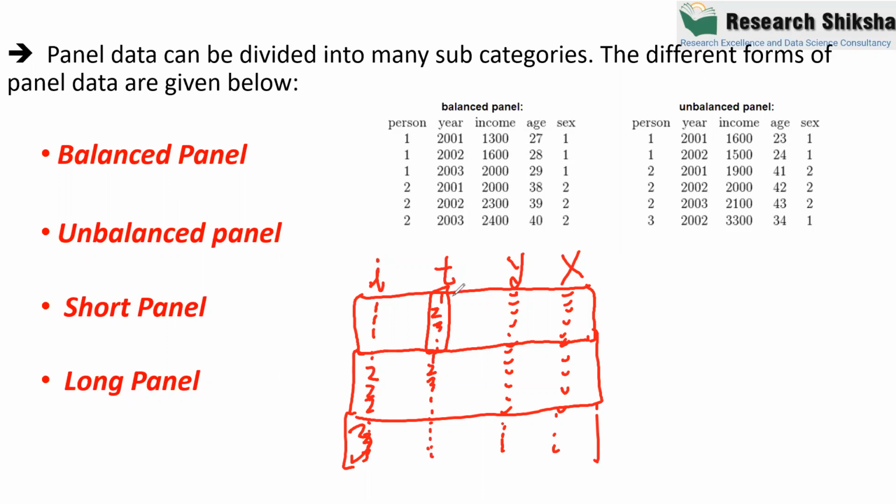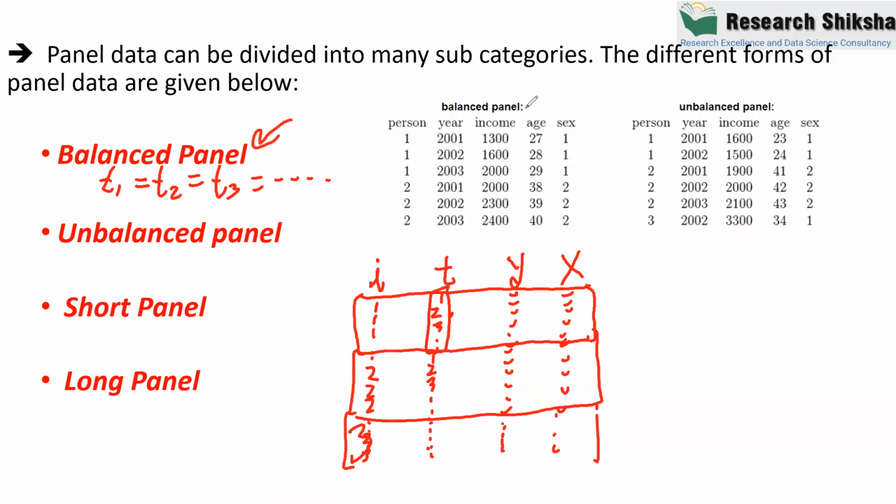If the time period for each cross section is equal, this data is known as balanced panel. So we can write the balanced panel as when the time period of the first equals the time period of the second equals the time period of the third, and so on. If we have all the data for all the years for all the companies, then this is called balanced panel.